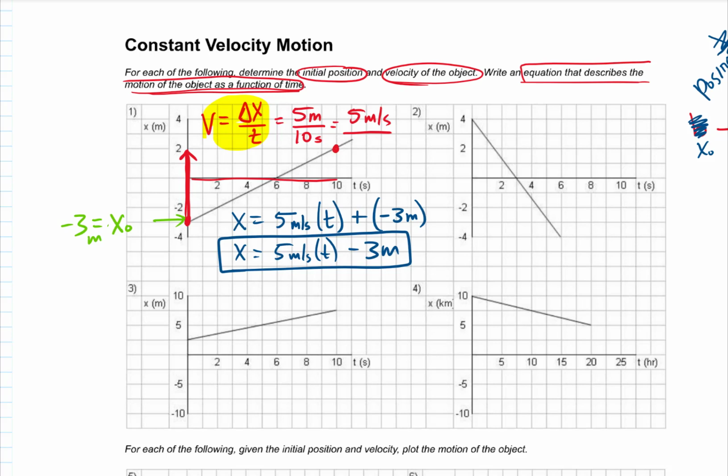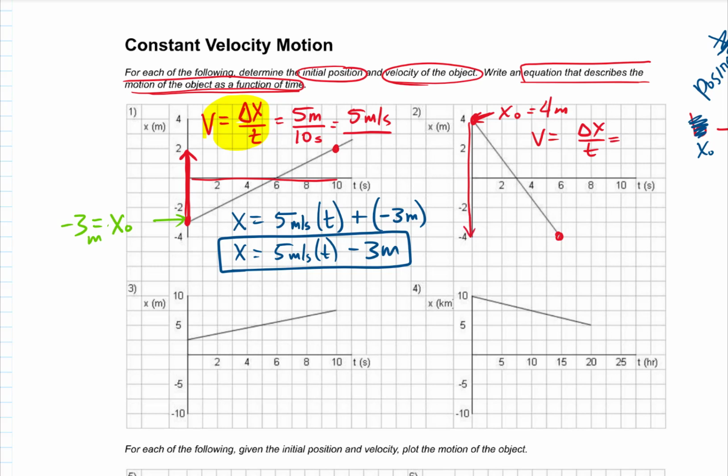For the second one, looking at it, my initial position, x0, is 4 meters. And then to find the velocity, we're going to do the displacement over the time again. If we start here in our displacement and we end here, we go from 4 all the way down to -4.